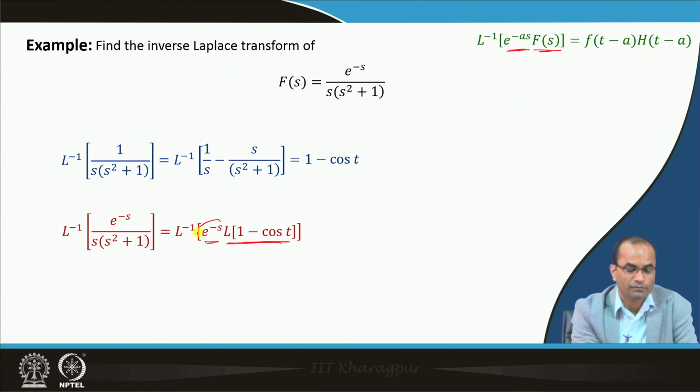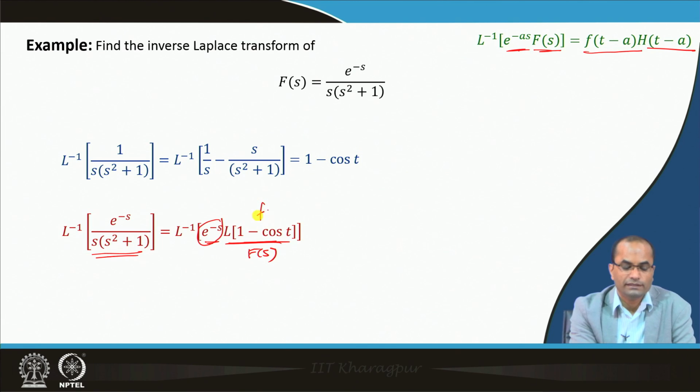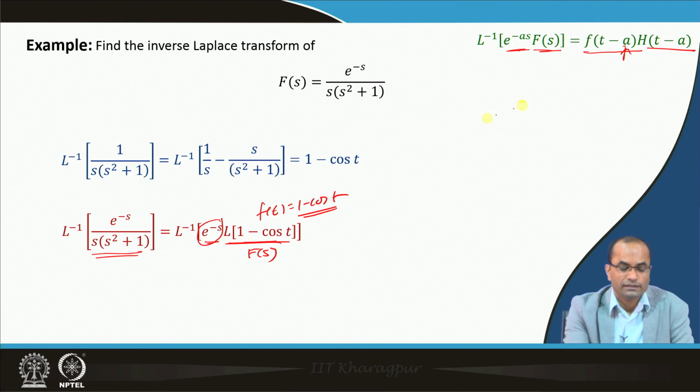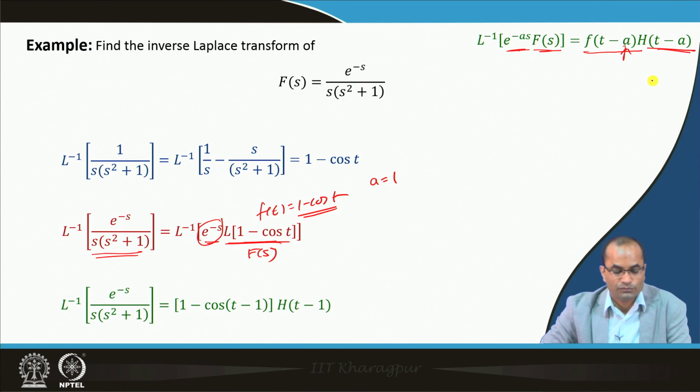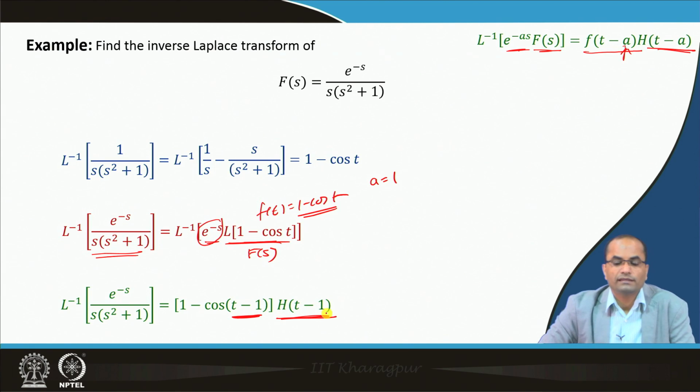So, here we have e^(-s) and this is our F(s) here, and the result is f(t-a) h(t-a). The f(t) here is simply 1 minus cos t, and then we have to shift this by a, where a is 1 in our case, and h(t-a) will also come together. So, we have 1 minus cos t, with t shifted by 1, so t minus 1, and then this Heaviside function h(t-1).